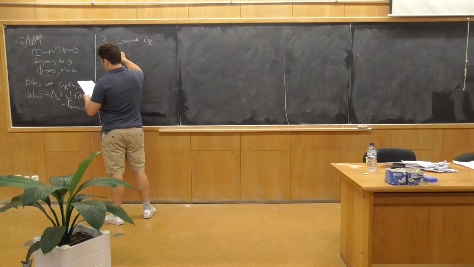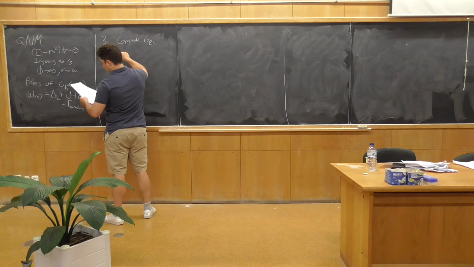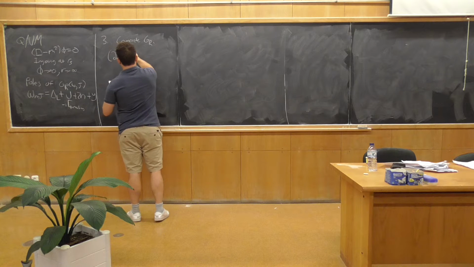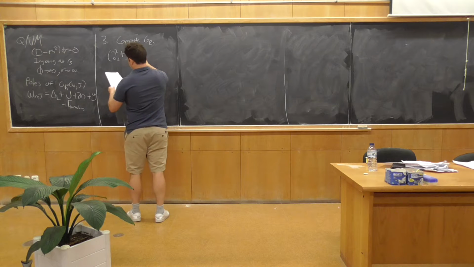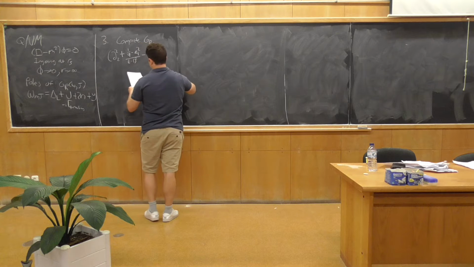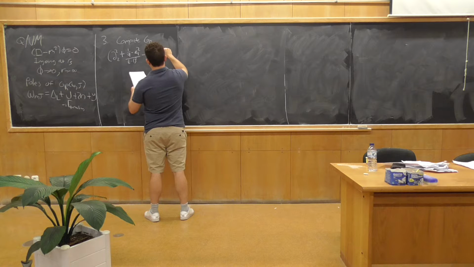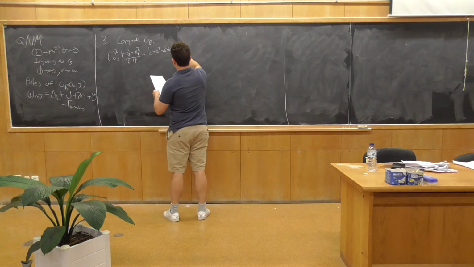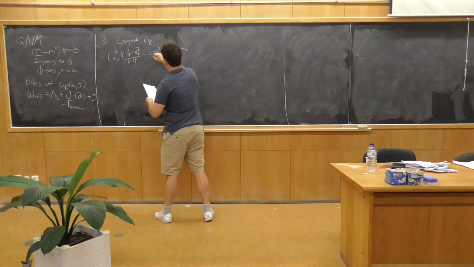Okay, so now I'm going to write down the wave equation, and I'm going to write it in some unfamiliar variables. It might take a little bit, so I'll narrate as I go. This is going to be a differential equation with four regular singular points: one at 0, one at z equals t, one at z equals infinity, and one at z equals 1.